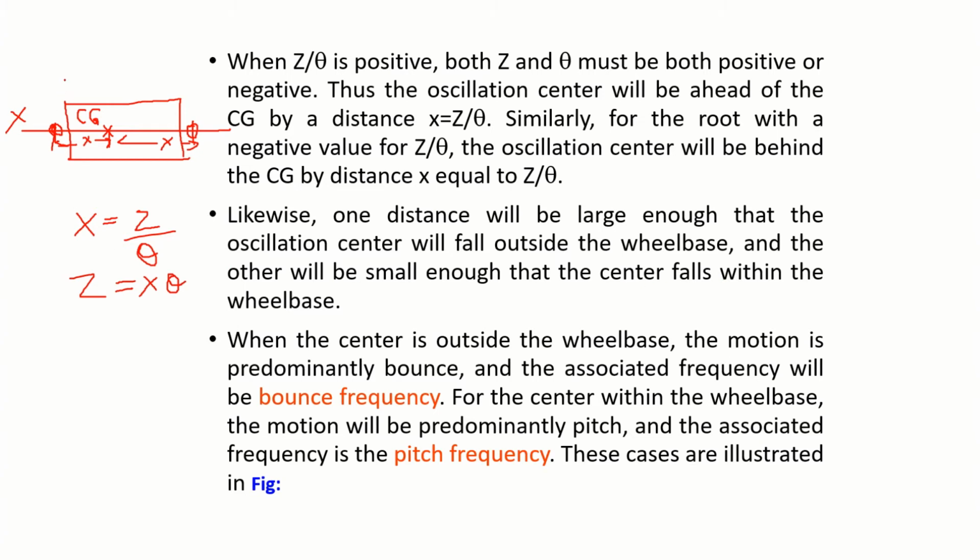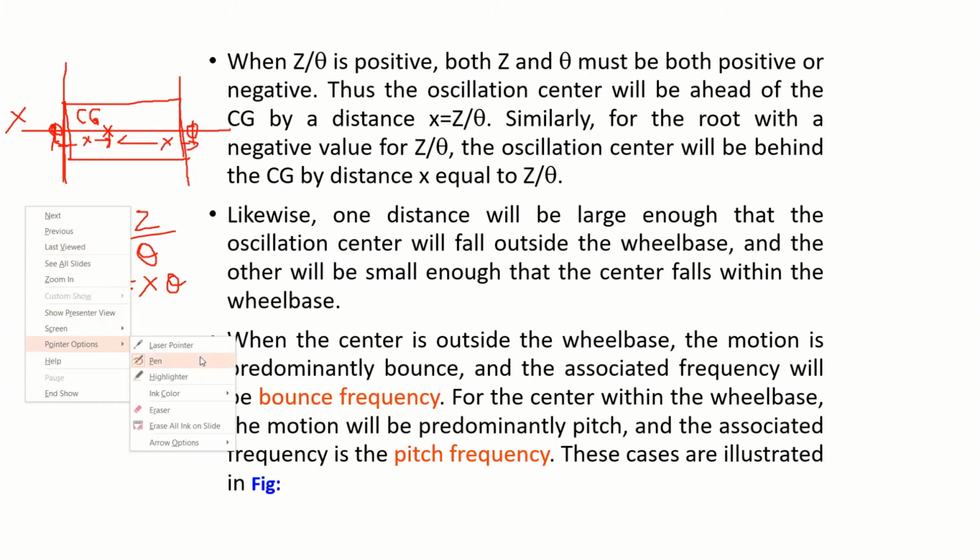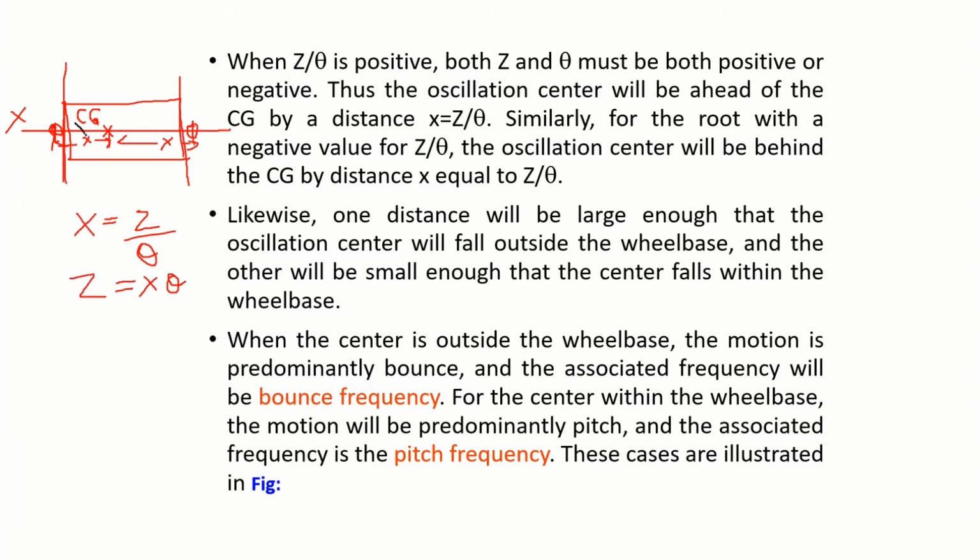If you consider this is the front wheelbase, this is the rear wheelbase. This is the center of gravity. One should be within the wheelbase, and one should be outside the wheelbase. One distance will be large, so the oscillation center will fall outside the wheelbase, and the other will be small enough that the center falls within the wheelbase. When the center is outside the wheelbase, the motion is predominantly bounce.